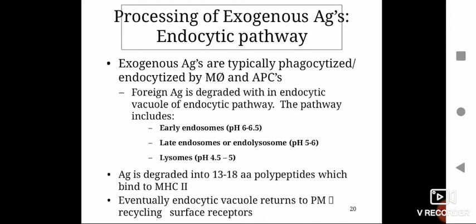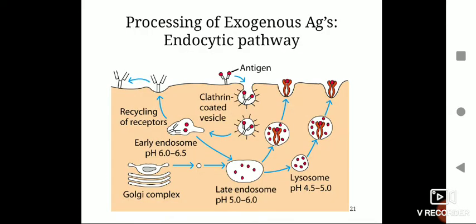Coming to the endocytic pathway, or the processing of exogenous antigen, this we have already seen starts with the process of endocytosis in case of B cells and phagocytosis in case of macrophages. We will take the example of the endocytic pathway, which we saw when we were talking about antigen presenting cells and how B cells act as antigen presenting cells.